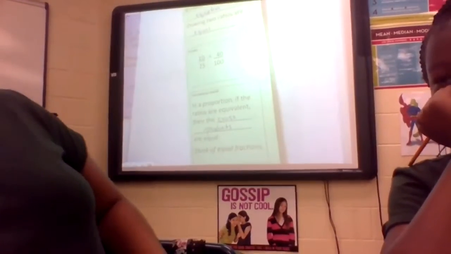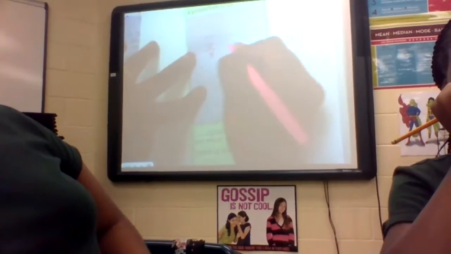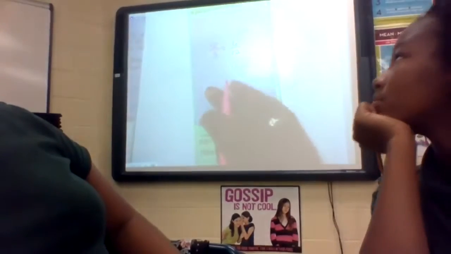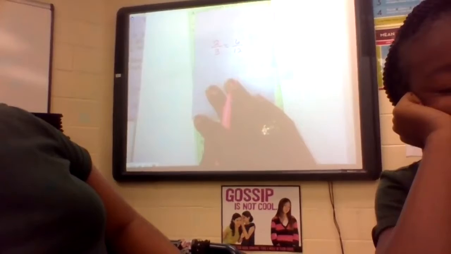So let's say I give you two different numbers, 2/3 and 6/12. That's what a proportion looks like. I want to know if 2/3 is actually equal to 6/12.